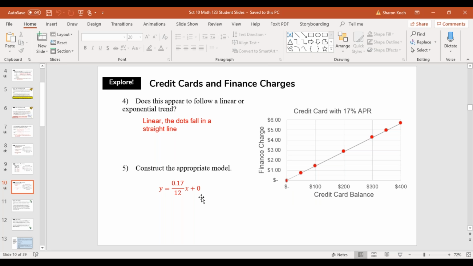My slope would be the rate of change, or that APR divided by 12. That's how it's changing each time. It's increasing by that 17% divided by 12. And x would represent my balance there, and y represents the total finance charge. So it's just kind of interesting to see how we can create a linear model based on that.